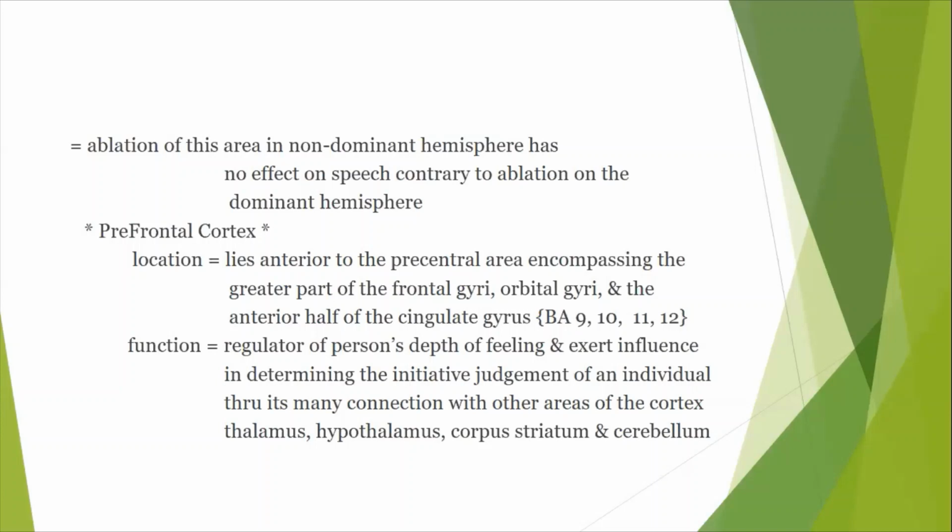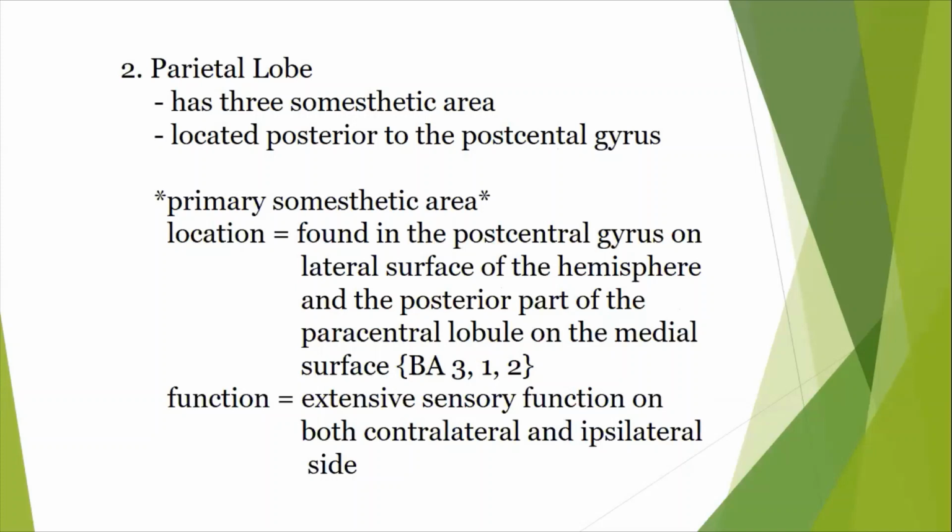Now, this will function as a regulator of the person's depth of feeling and exert influence in determining the initiative and judgment of an individual through its many connections with other areas, like your thalamus, hypothalamus, corpus striatum, and your cerebellum.